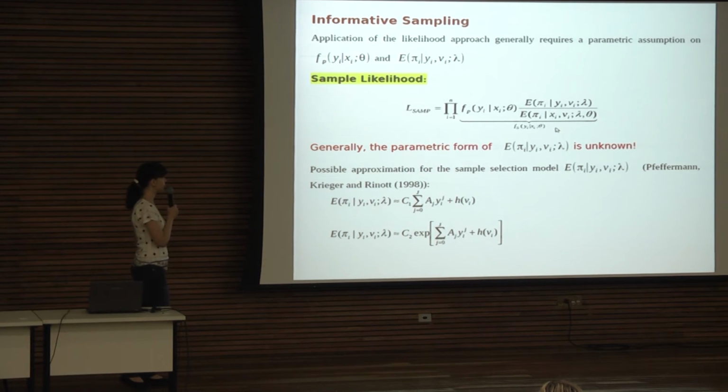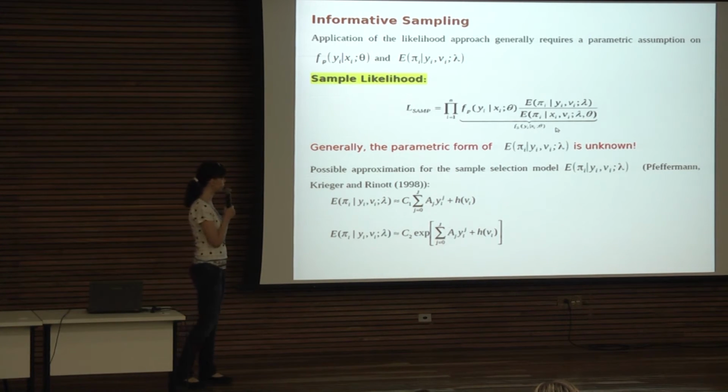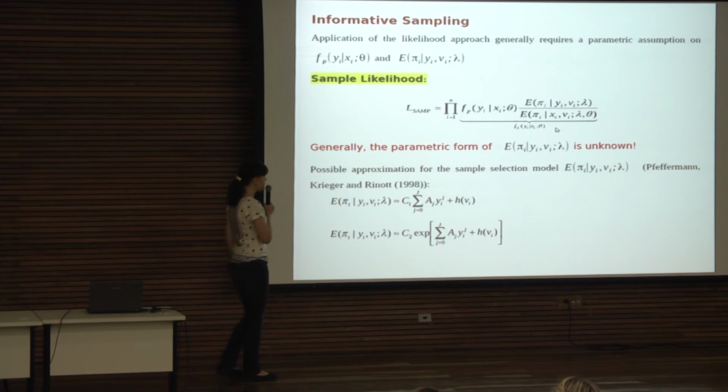And also, there are some parameters governing this model. Now we can define the sample likelihood. Actually, the sample likelihood is the product of the sample densities. Here you can see that the sample densities depend on the sample selection mechanism, which is represented by the conditional expectations.